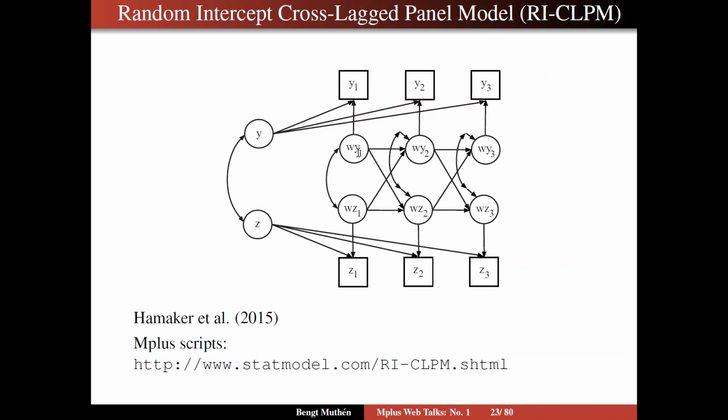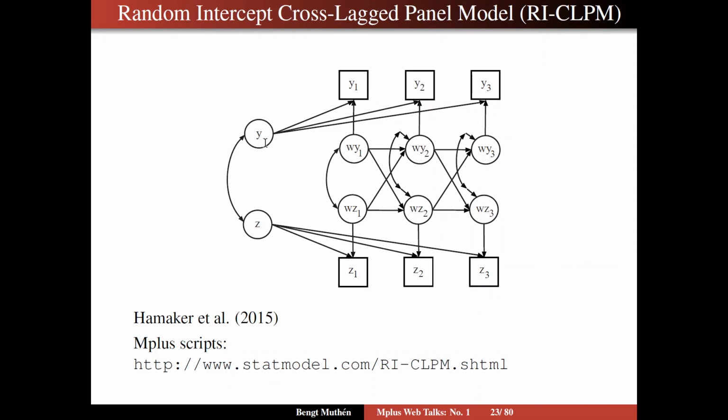So because for each latent variable here, it influences the part of Y that is not the random intercept. So very much like the thinking of Kenny and Zotra in that way. So that the relationship between Y and Z over time, cross-lagged, is free of this random intercept influence.